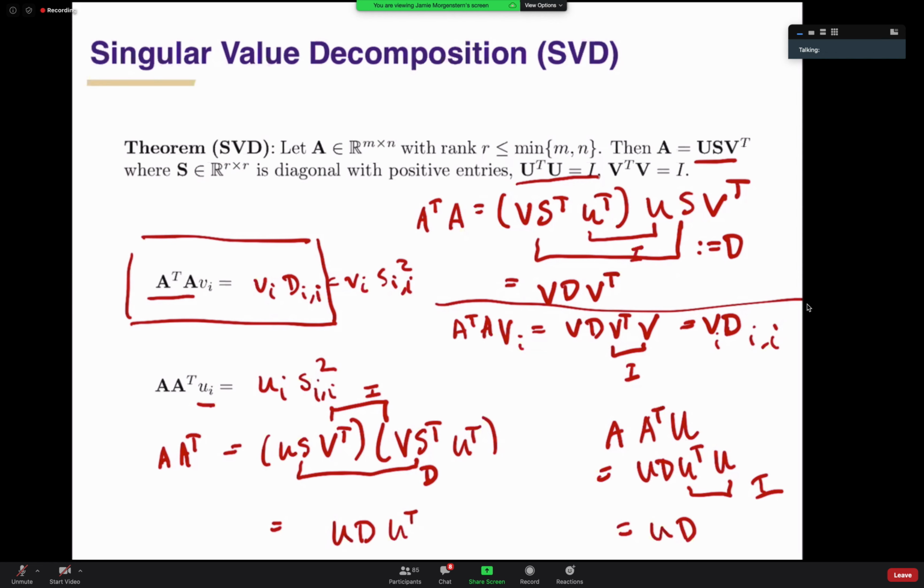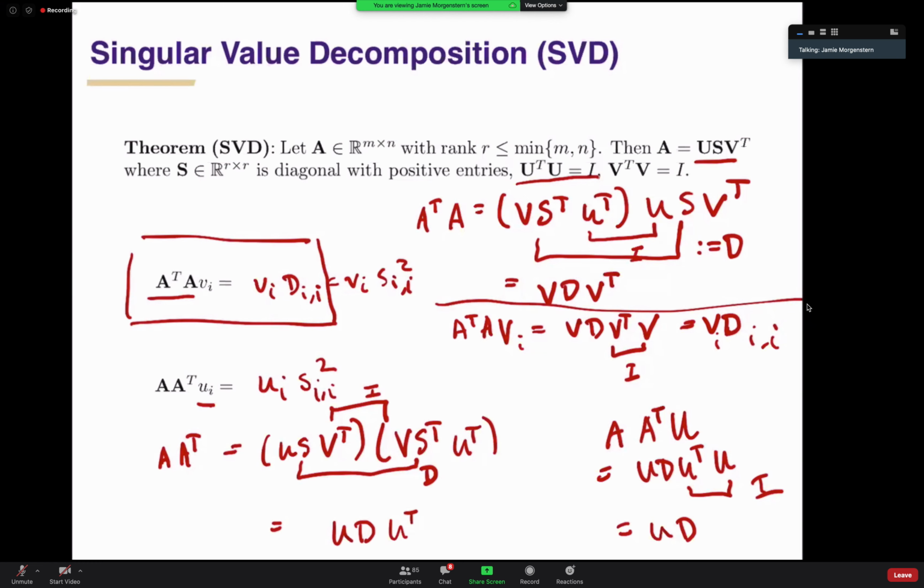Okay. So let's sit back and think about this for a second. For any matrix A, we can represent it as the product of three matrices. Two of them have orthonormal columns, and those matrices actually contain all the information you need.